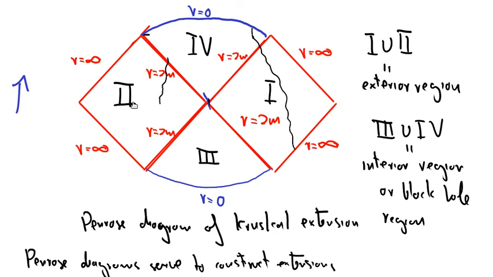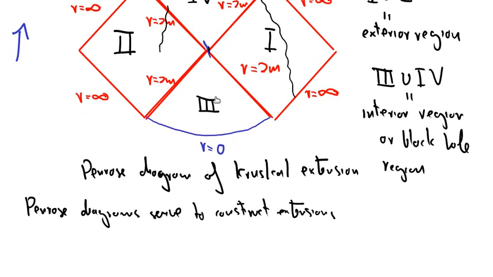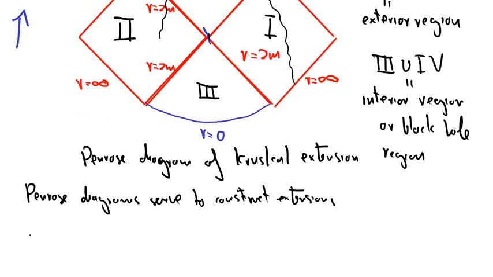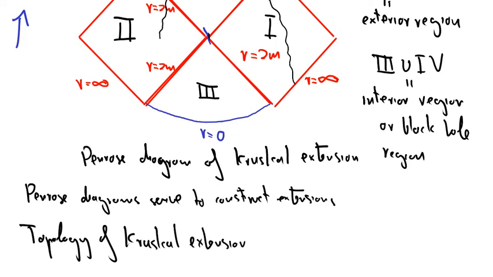So, since each point represents a sphere and the topology of this two-dimensional region is R^2, then we deduce that the topology is just S^2 × R, okay.